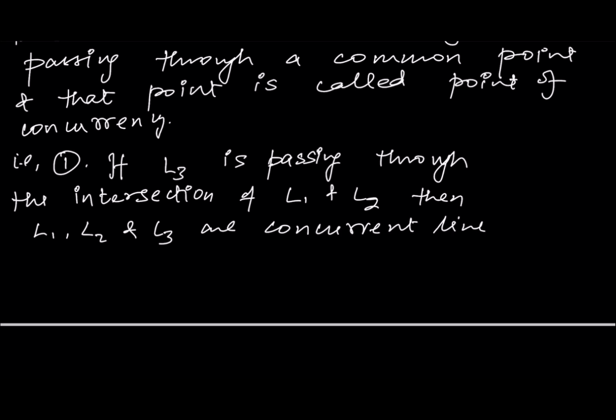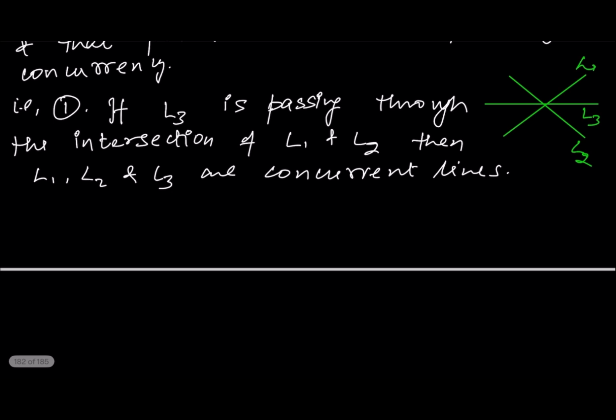That is, say this is L1 and this is L2, and through the point of intersection of L1 and L2, line L3 is passing.